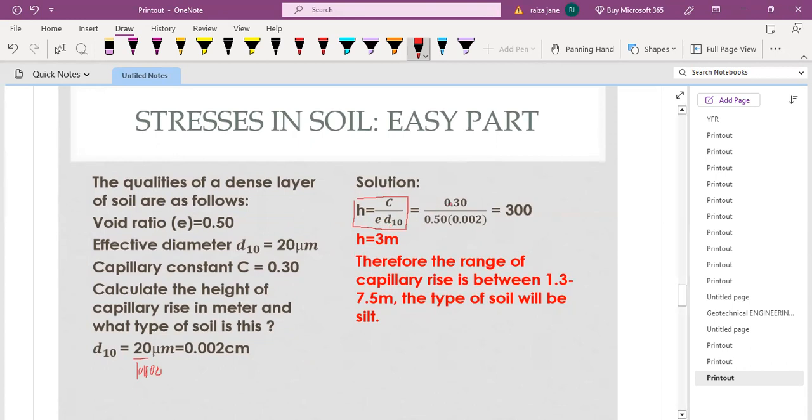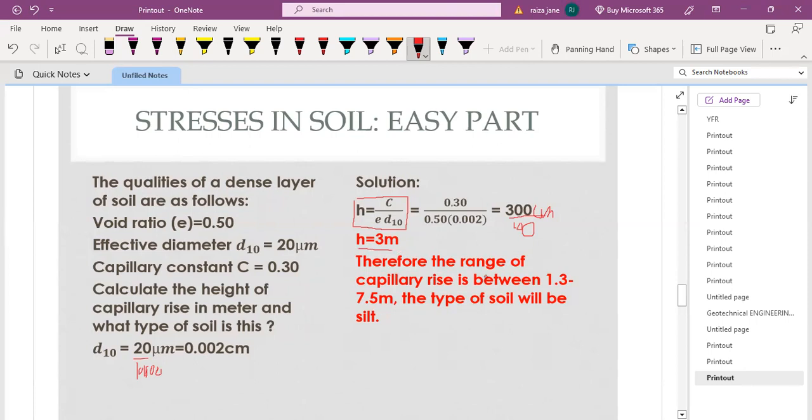So, substitute the values. We have 0.30 over 0.50 times 0.002. We have 300 centimeter. And divide it by 100 to get the height in meter. We have H is equal to 3 meter.